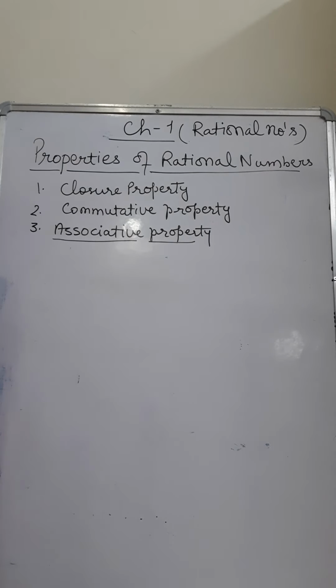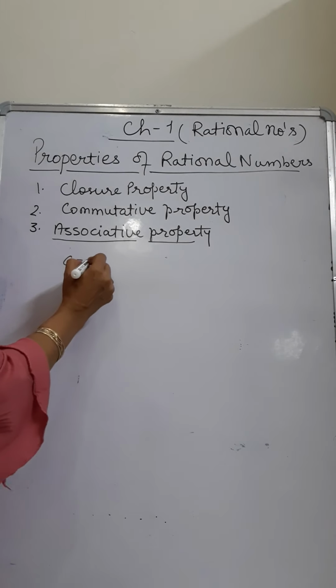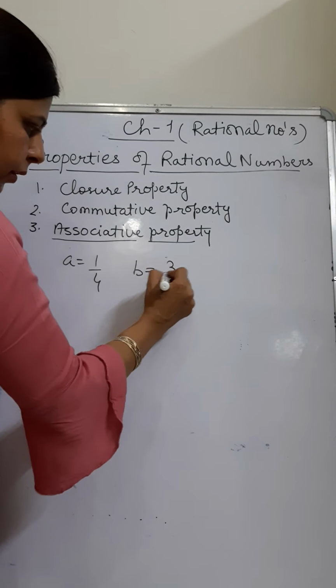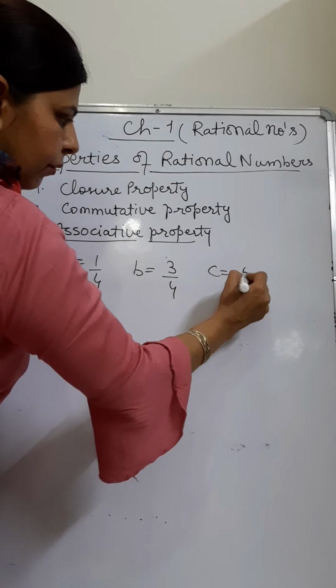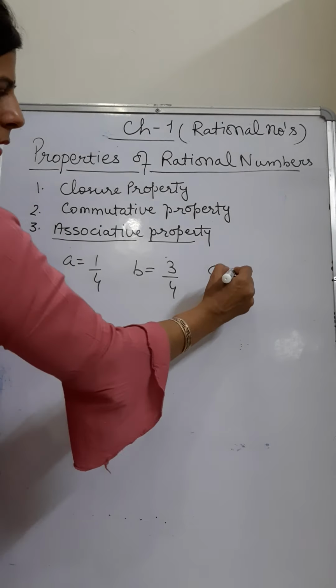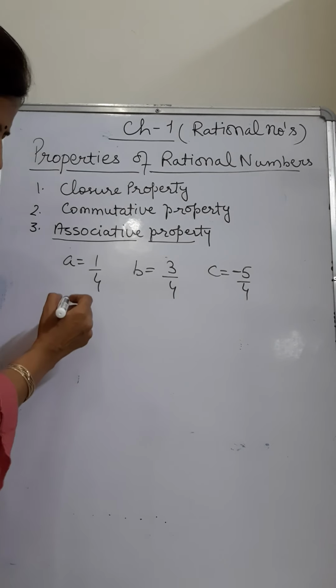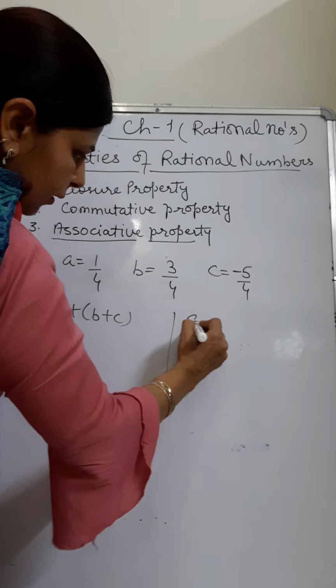Now the operation is addition. Now see the example. You can take any of the numbers. B, I am taking 3 by 4. C, I am taking -5 by 4. These three numbers I took. Now see what will be the result.